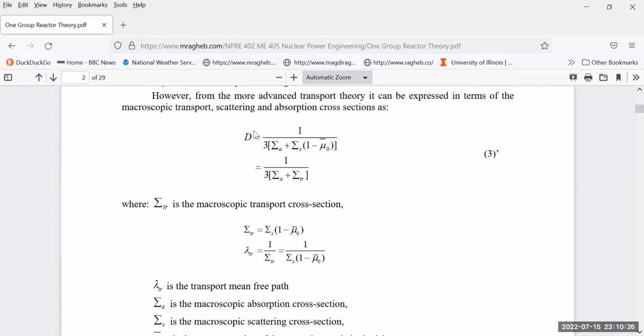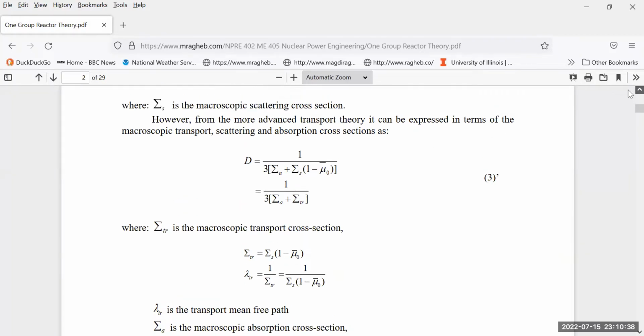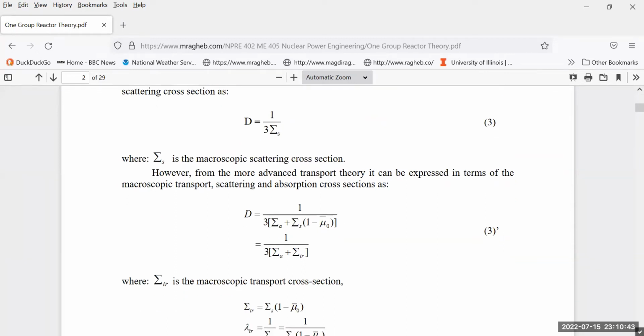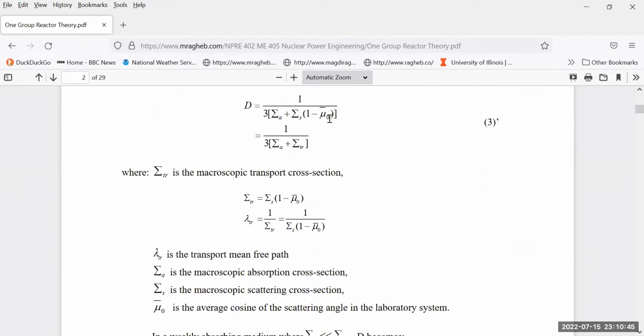That transforms the diffusion coefficient into a format described by what we call the macroscopic transport cross section, which is nothing more than the macroscopic scattering cross section, but modified by the average cosine of the angle of scattering.